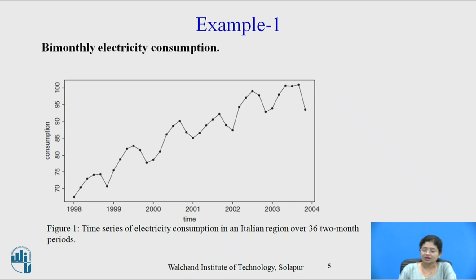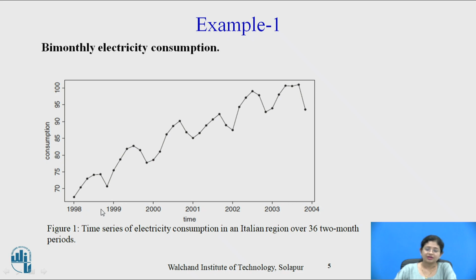Here on the x-axis, the graph shows the time, that means the years, from 1998 to 2004, and on the opposite axis it shows the electricity consumption in thousands of kilowatts.